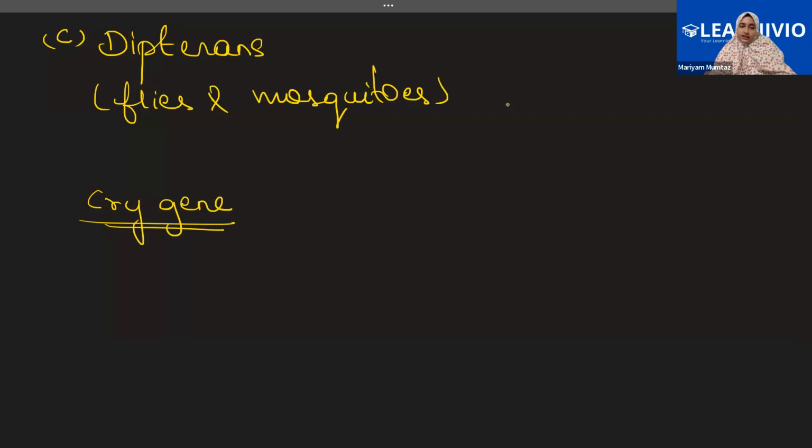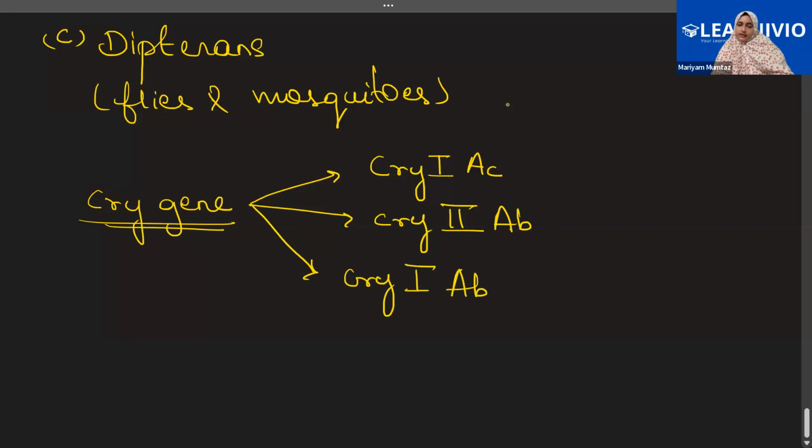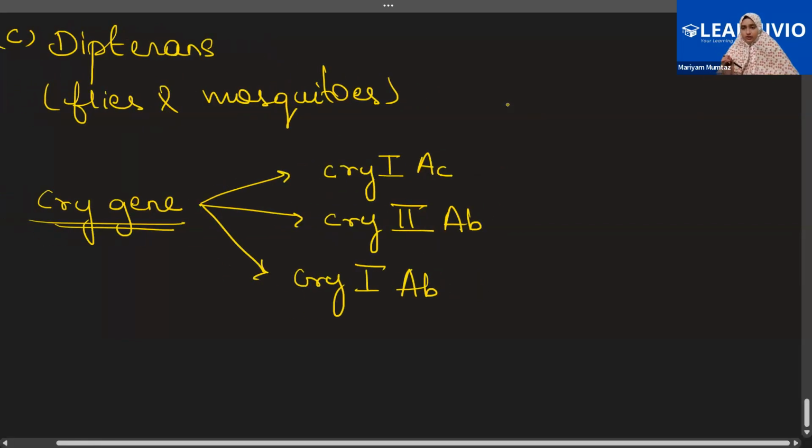So the cry gene can be cry1Ac, cry2Ab, and cry1Ab. These are the names, and never write cry with a capital C, always with a small c. These are the genes that encode the Bt toxin, and each affects a certain group of organisms.